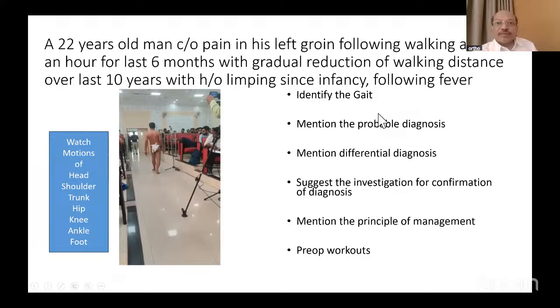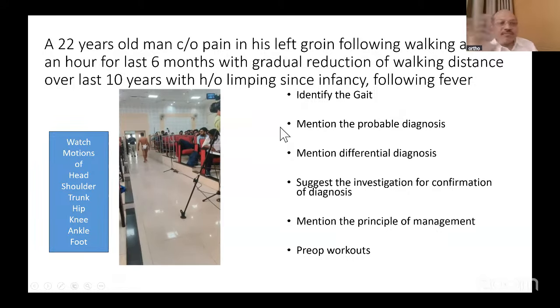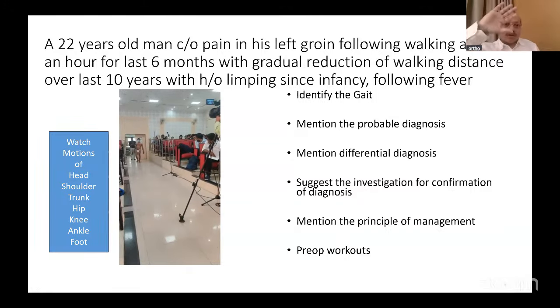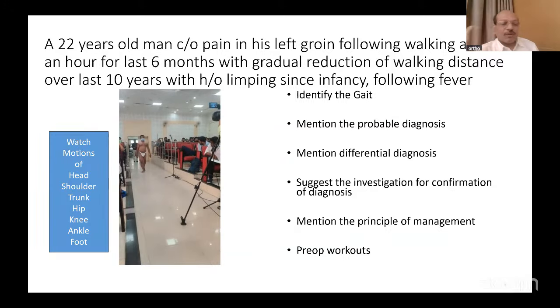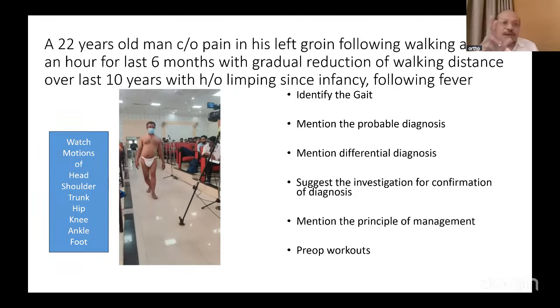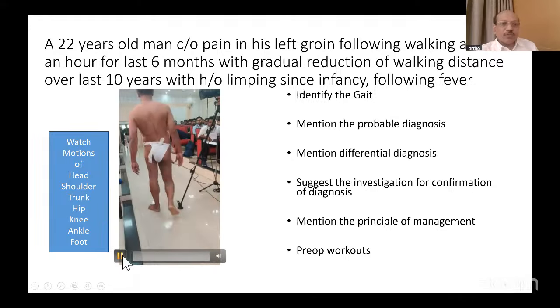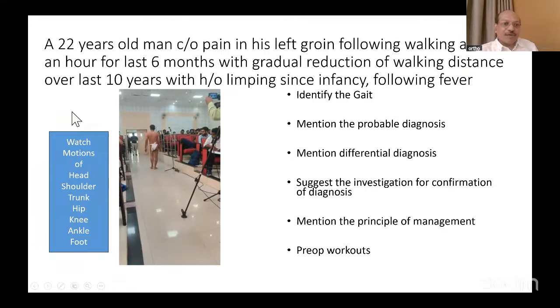So the first question is to identify the gait. The abnormality is that the head is moving, there is swaying of the head, like the pendulum of an old clock. It is moving in the coronal plane. The shoulder is not only moving in the coronal plane, but also in the sagittal plane. So there is instability in both planes. You also see the shoulder is drooping down, and the trunk is deviated to the left side.